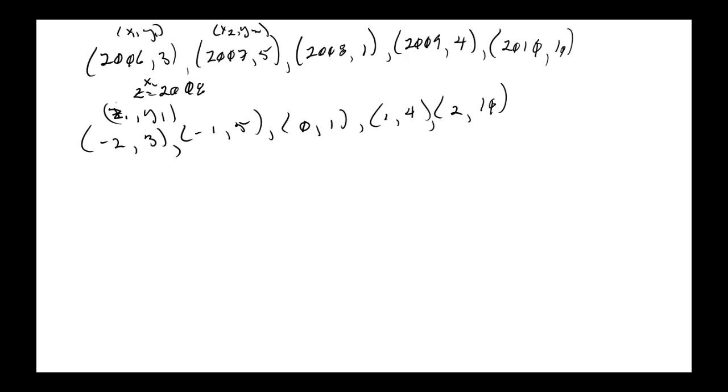And finally now, instead of z, they go back and put x minus 2008 in. And it makes for a big, ugly, hairy polynomial, but they leave it in that form.